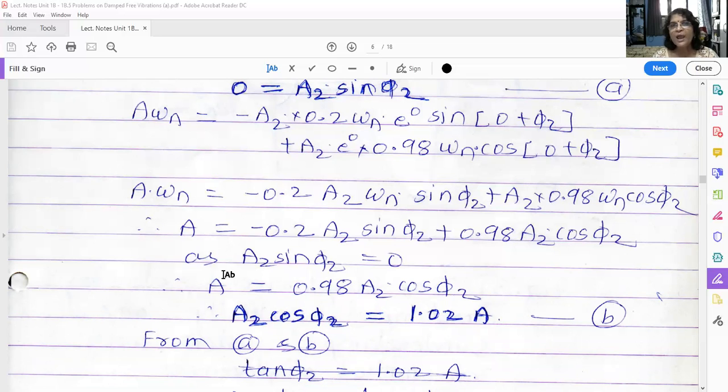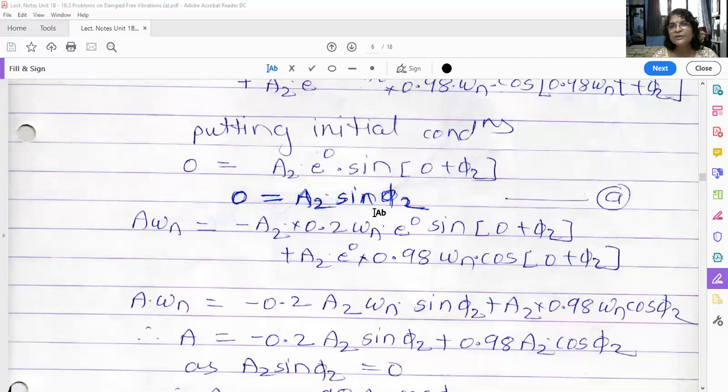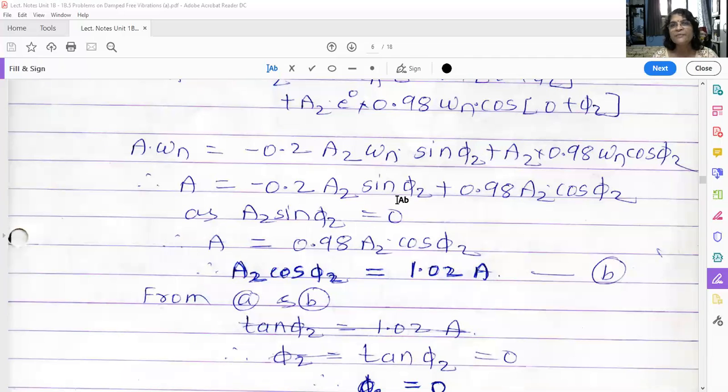Now as A2 into sine phi 2 is 0, we have seen from the first condition, A2 sine phi 2 is equal to 0. So putting 0 here, what we will be getting? A is equal to 0.98 A2 into cos phi 2. That means A2 cos phi 2 is equal to A divided by 0.98, that is 1.02 A.